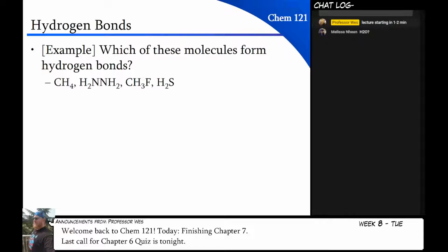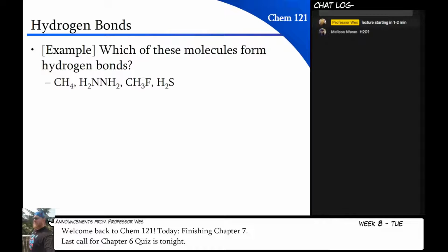What I want you to do is try and draw the Lewis structures of these molecules: CH4, H2N, and H2, CH3F, and H2S. And once you have drawn those Lewis structures, I want you to see which ones could hydrogen bond with themselves.